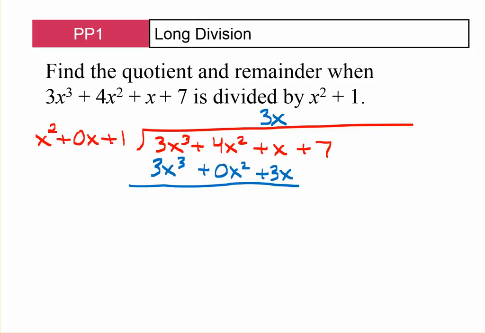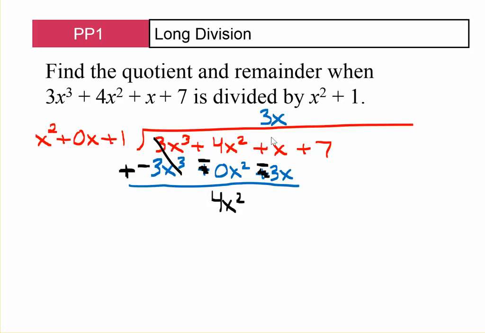All right, remember long division from a long time ago? What do we do next? Subtract. We've got to subtract this whole thing. If you can do subtraction in your head, awesome. Go for it. If you're kind of not sure, remember you can always add the opposite. So all you do is just change all the signs inside here. Sometimes easier, sometimes more difficult, depending on what you want to do. But the first term better cancel off, because if it doesn't you did something wrong, because that's the whole point of canceling this term off. 4x squared plus a negative 0x squared gives you a 4x squared.